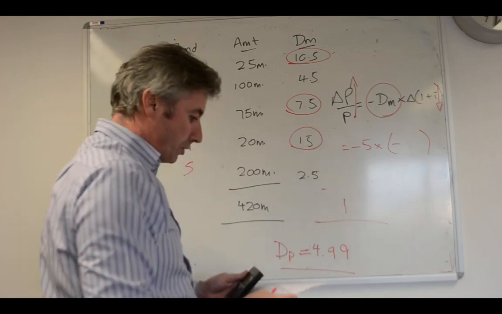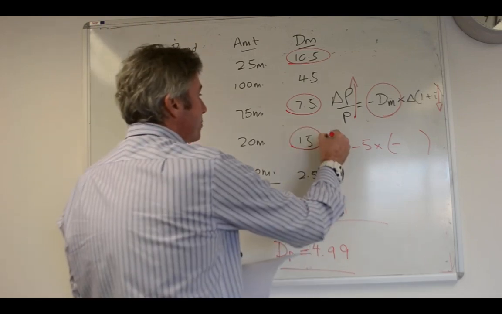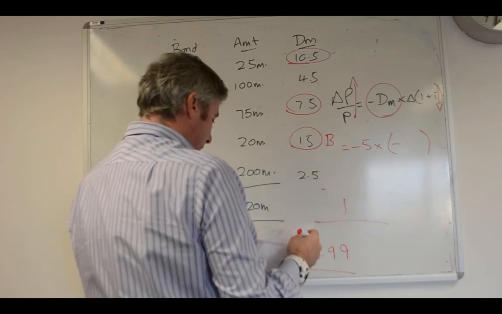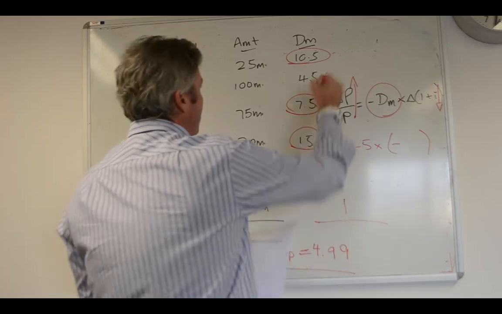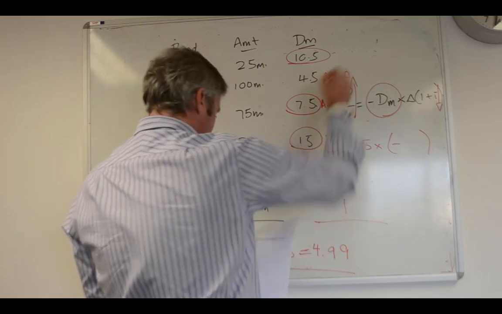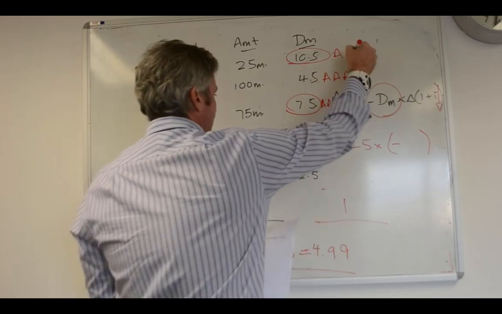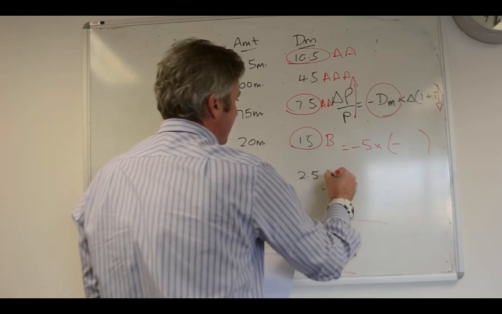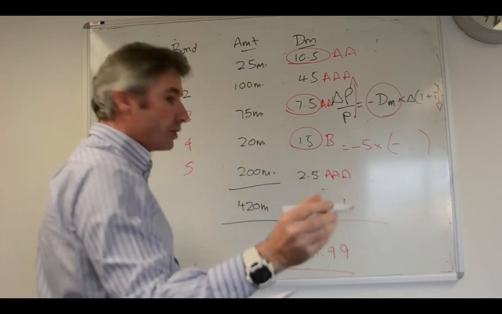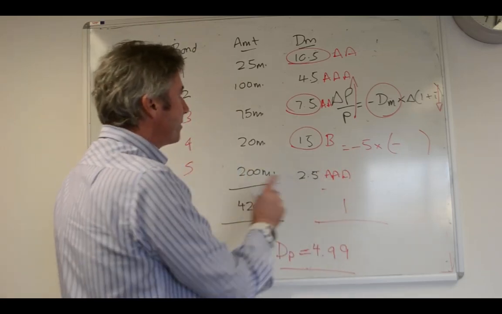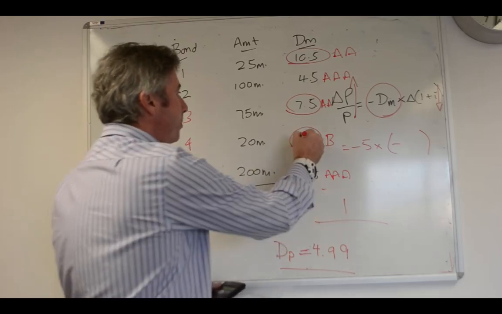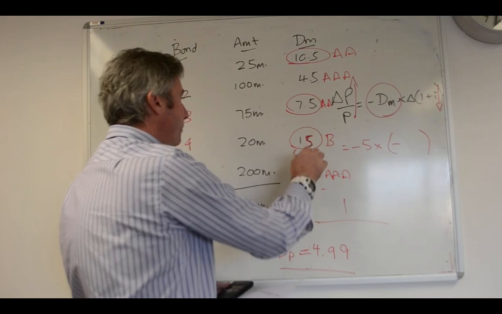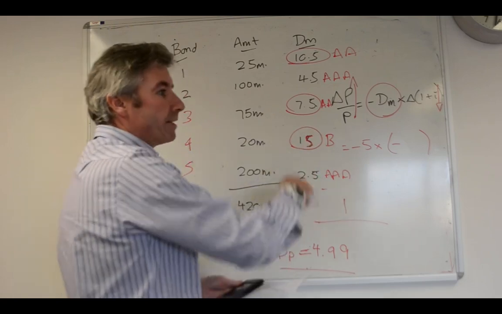So those are larger duration bonds, and of course this was rated as B, and this one here was rated at AA, and this one here was rated at AAA, and this one here was rated at AA, and for completeness this one here was rated at AA. So we had the largest amount of money in our portfolio on the AAA rated bond, this one here with the short duration. Of course we could put more money in this bond here with a duration of 15 years, but it's rated B.